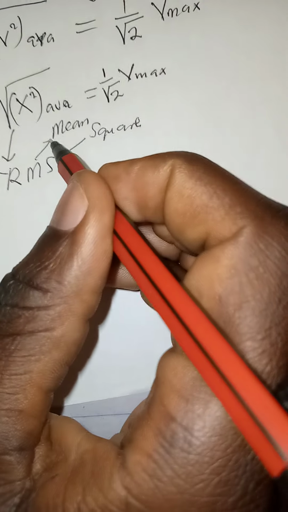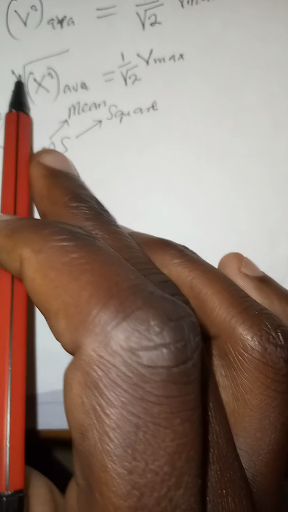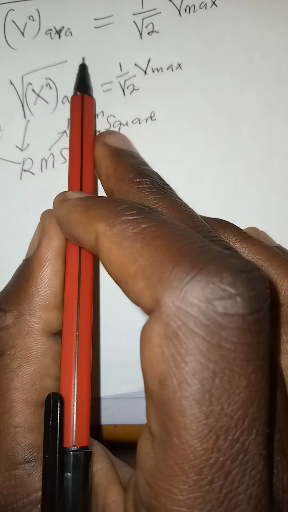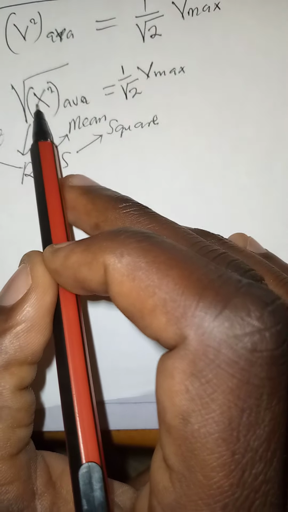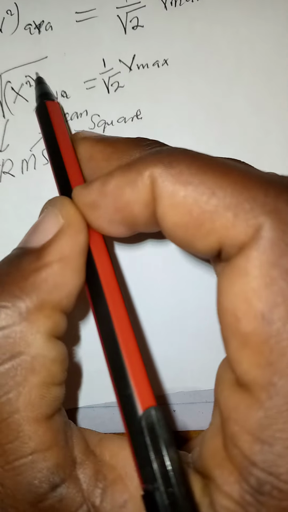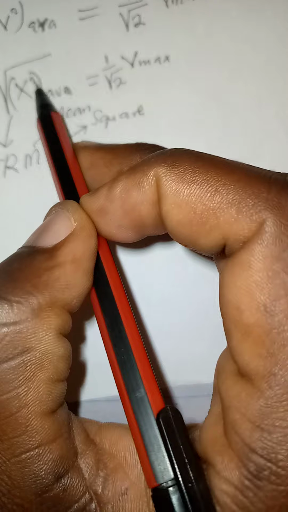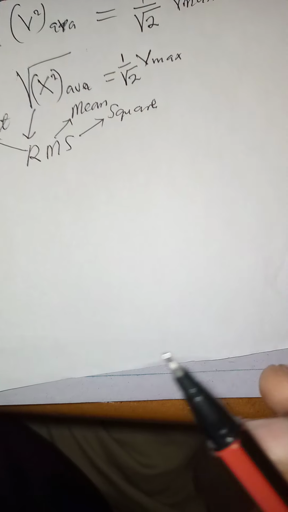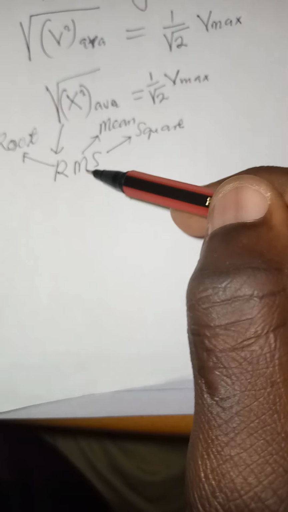So it's a root mean square. This is what it means, because this is a root of voltage, which is a variable voltage. Then this is the mean, and also we are also having the average. So we are saying this is what we normally refer to as a root mean square.